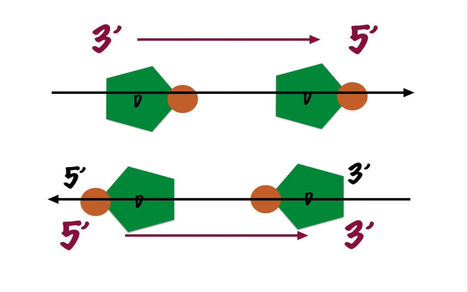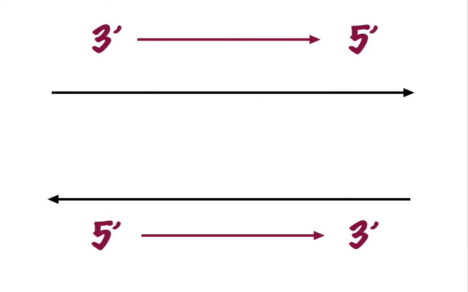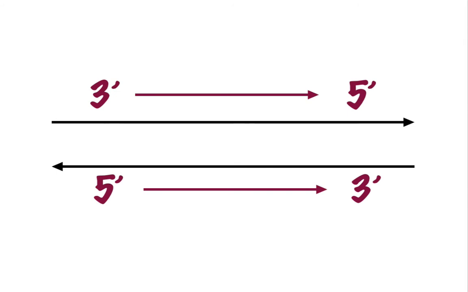I hope you can see how this anti-parallel configuration, and looking at how the sugars are positioned, lets you tell what direction the strand is going. This is going to play an important role in understanding how DNA replicates itself.